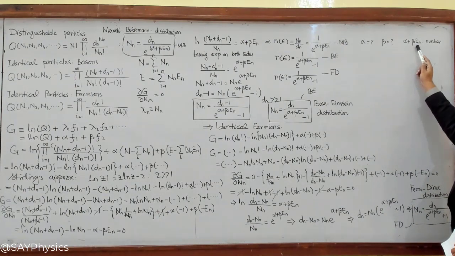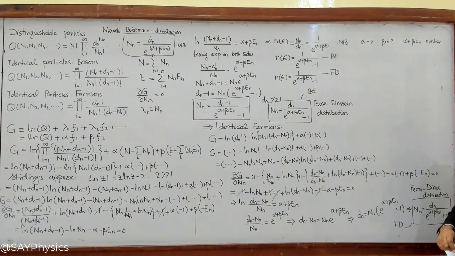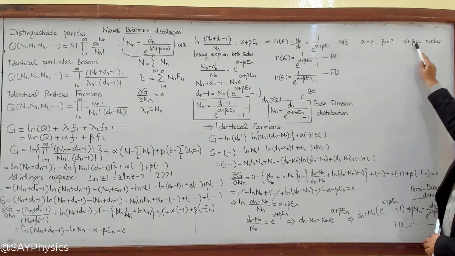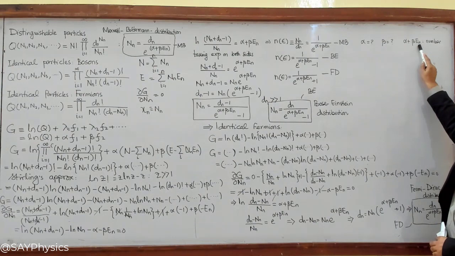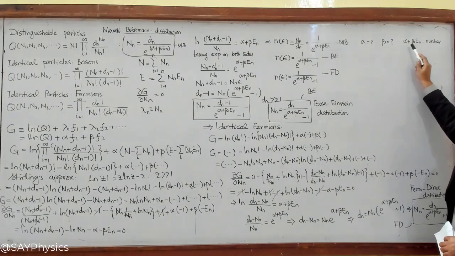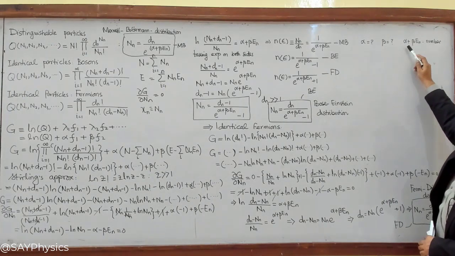And when two things are being added, it means they have the same dimensions. So whatever the dimensions of alpha are, the dimensions of beta en are also the same. And now here comes the twist. Alpha and beta en, they are of the same dimension.